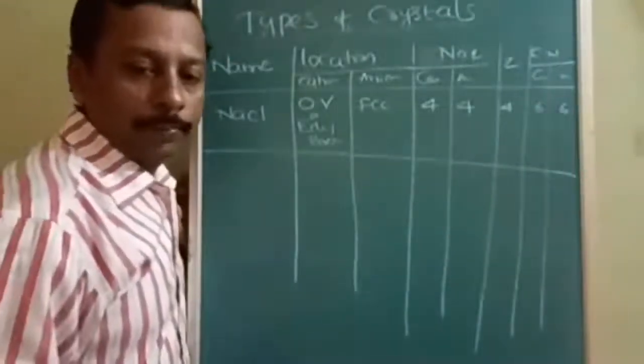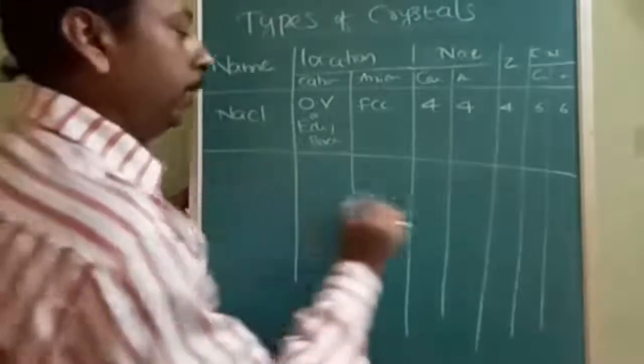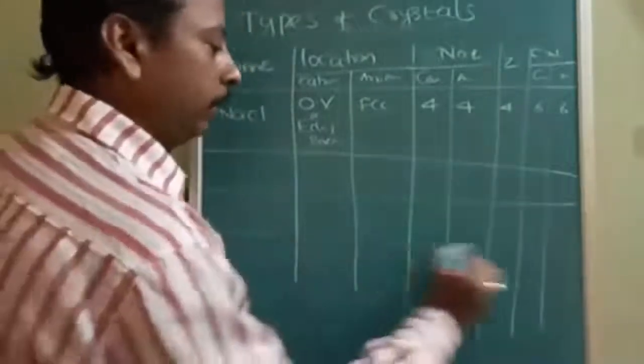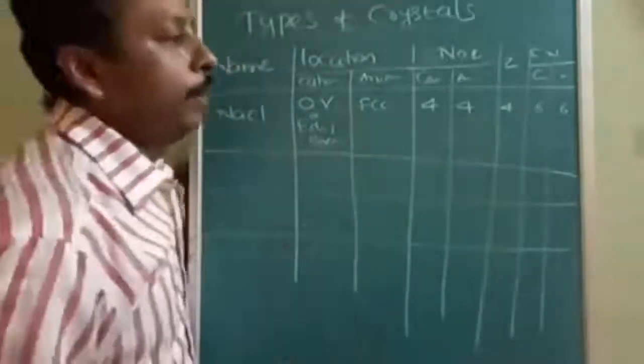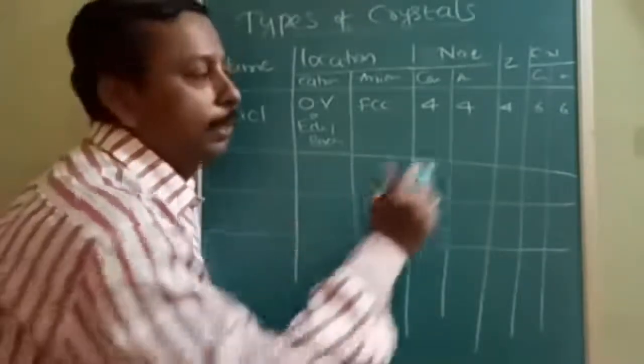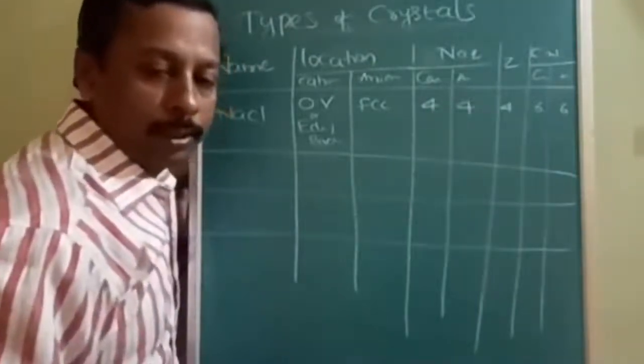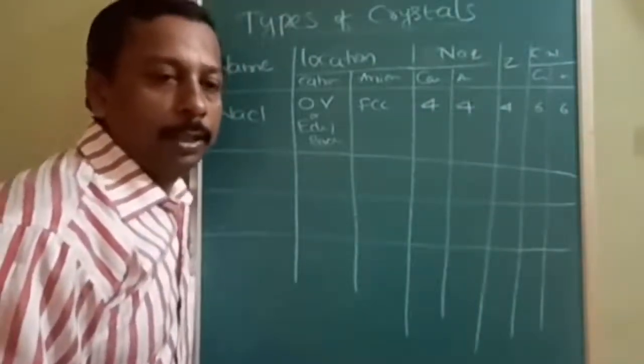Coordination number both 6 and 6. Like that you will do it for each. If you draw this, you will find wonders. You will find only one place where Z is 1. Cesium chloride is the only crystal which has Z equal to 1.